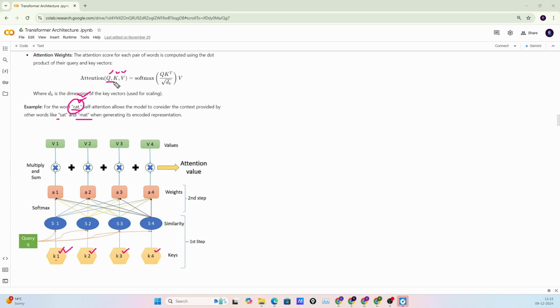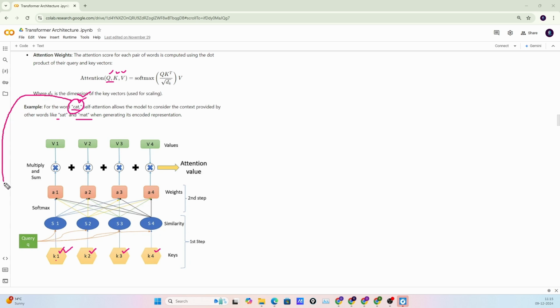The query vector is the vector we calculate by multiplying the word embedding with the query weight. Here the query word is cat, so we are interested in calculating the attention value for cat.